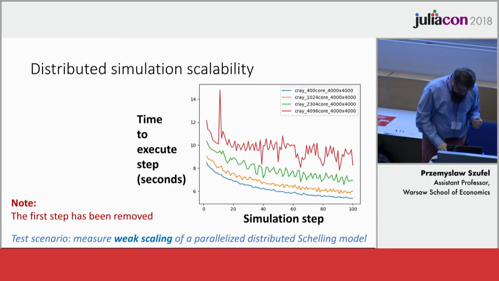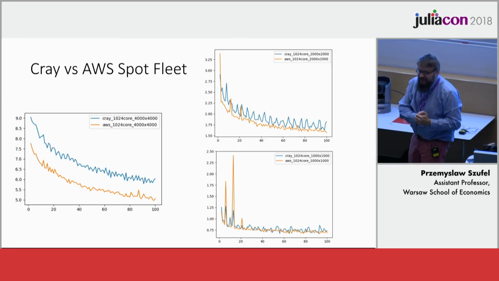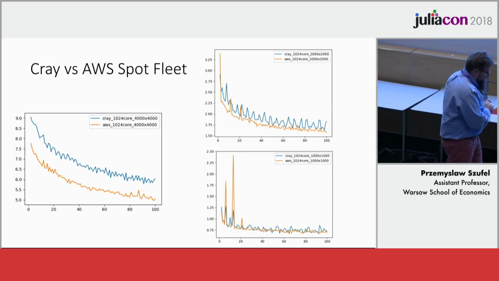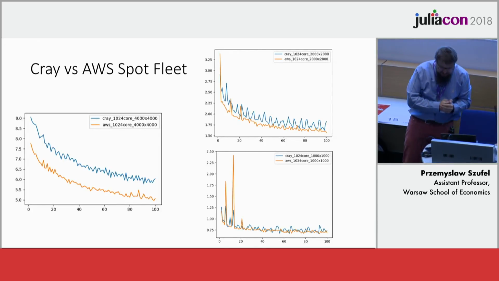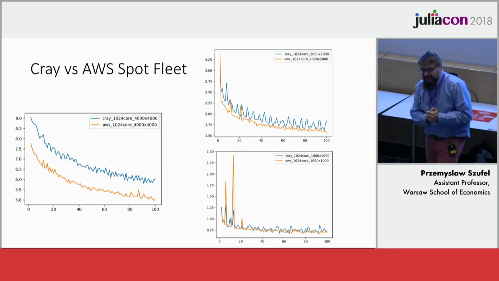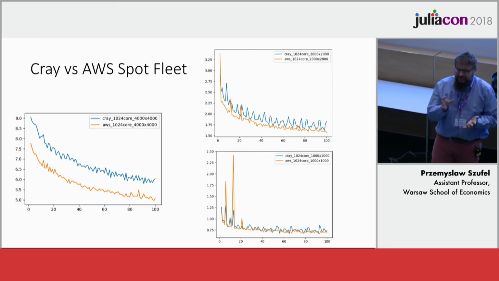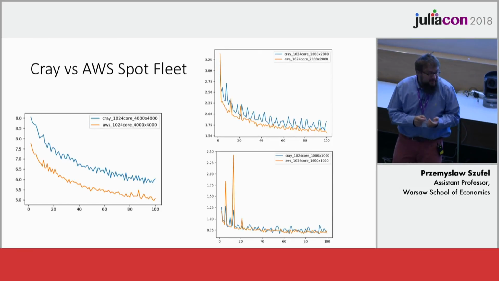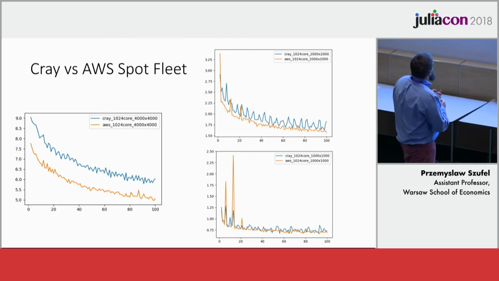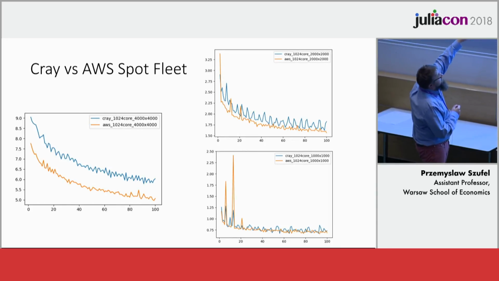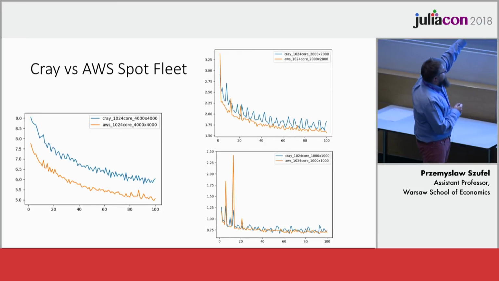So these were simulations on Cray, and I tried to run the same simulation on Amazon Spot instances. For Amazon simulations, I've been using those C5 instances, because they use slightly more modern Intel processors than Cray XC40. So what I discovered basically, on this y-axis I have time.